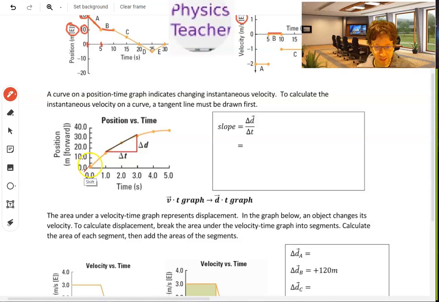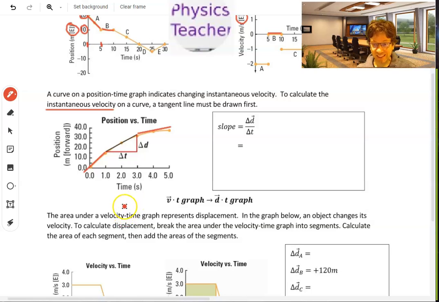So if I drew a slope right at that point, it looks like this. If I drew a slope right at this point, it looks like this. So what I'm drawing are tangents. Because the slope is changing, if you want to figure out your velocity at any instant in time, or like I said before, your instantaneous velocity, you have to find the slope of a tangent.